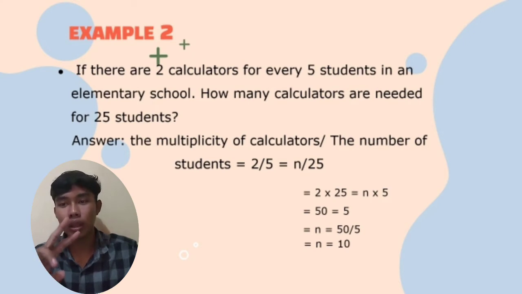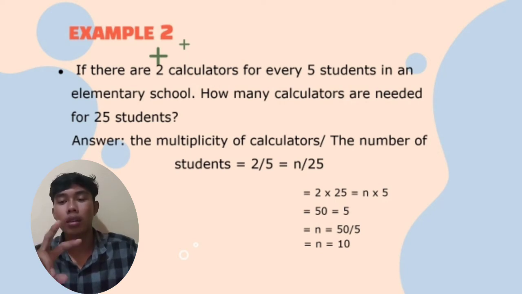The number of calculators out of the number of students is 2 out of 5 is n out of 25. 2 times 25 is n times 5. 50 is 5n, and n is 50 out of 5, and n is 10.